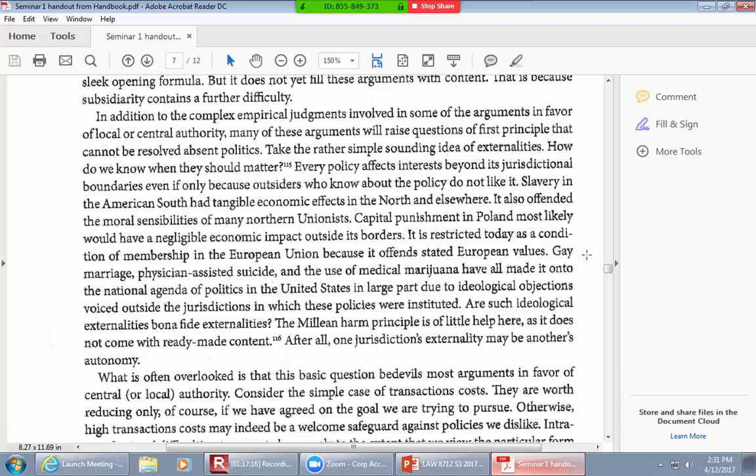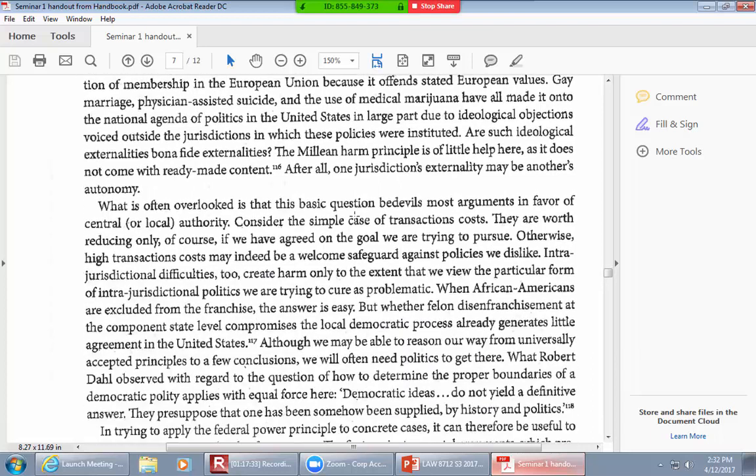So the idea is, what kind of harm would these externalities impose on others? If that's something we can use as a principle to inform our political discussions. Okay, and he's saying that's not of much use here, because there's no ready-made content. So basically, we don't really know what type of harm or what kind of harm could actually come from these externalities.